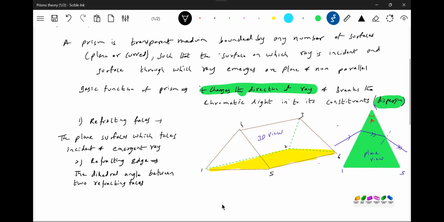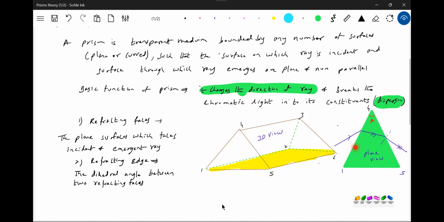Okay, what all I'm giving explanation is related to this. So it's telling what are the refracting faces. Already I told you, 1, 2, 3, 4 will be a refracting face. Similarly, 3, 4, 5, 6 will be the other refracting face. So where the ray is incident, it is incident on the surface 1, 2, 3, 4.